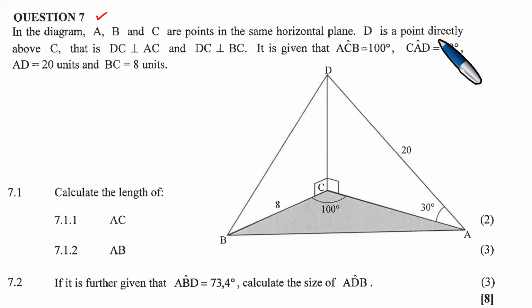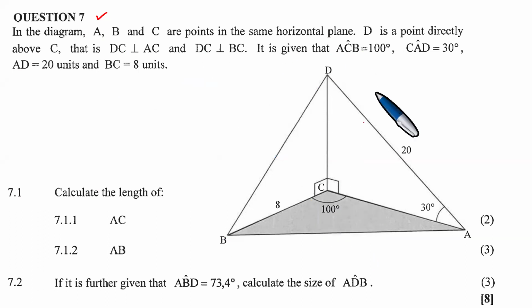D is a point directly above C. That is, DC is perpendicular to AC. We can see here is A and there is C, and DC is perpendicular, making an angle of 90 degrees. And DC is perpendicular to BC. Here it's BC, and you can see this is perpendicular to BC.